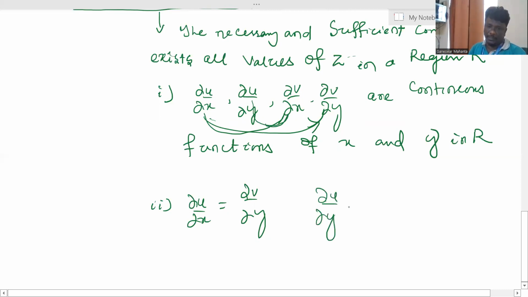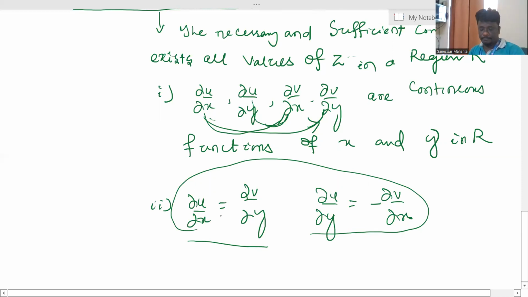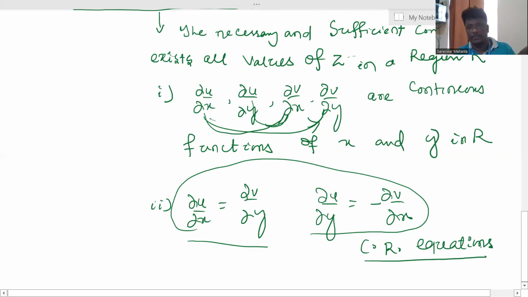This condition should be satisfied. These relations are called the Cauchy-Riemann relations, or Cauchy-Riemann equations.